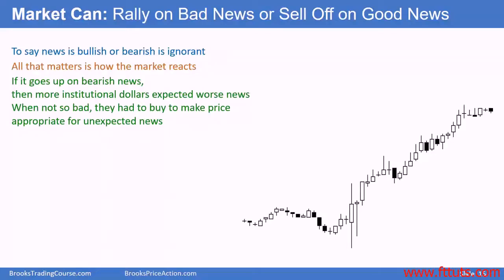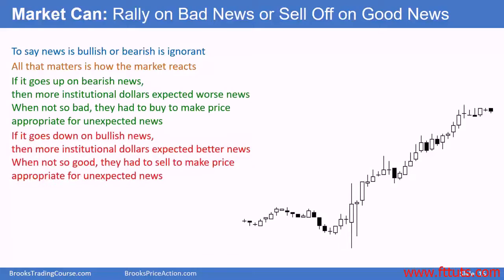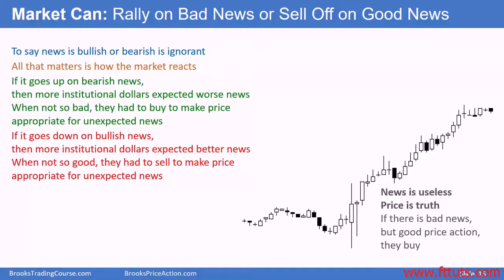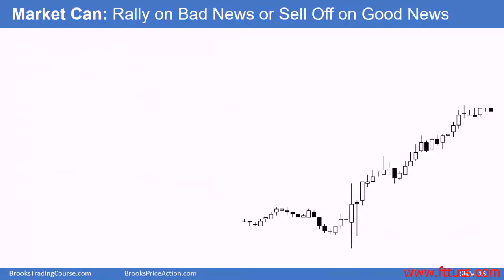And the result is the market can go down far and fast on good news. They always have to make the price appropriate for the fundamentals. And if they made a mistake on the original pricing, they have to adjust it. All that matters is price. Price is truth. If there's bad news, but good price, you buy and you don't worry about the news.